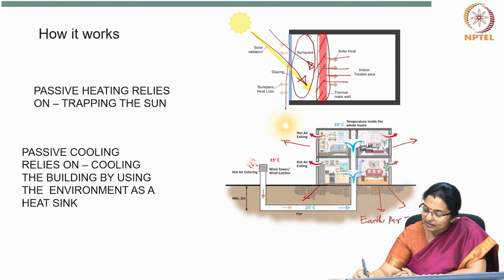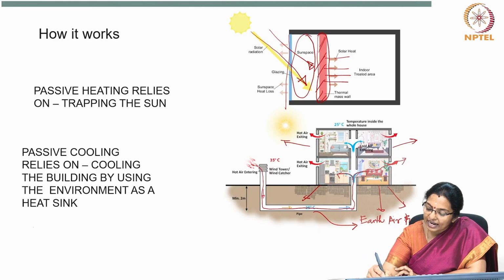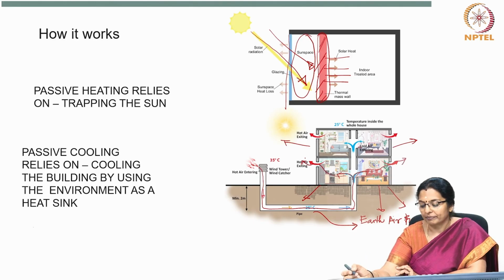One of these is the earth-air tunnel, where you have a wind catcher which catches the wind and flows it through a pipe buried underground. In this process, the hot air becomes cool air and gets siphoned inside the building. The inlet is at a lower level, therefore warm air, which is lighter, tends to rise and escapes out.